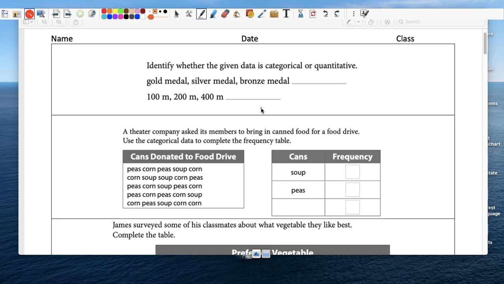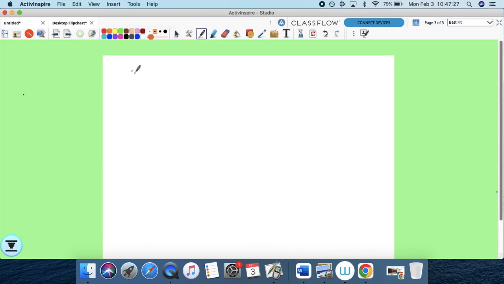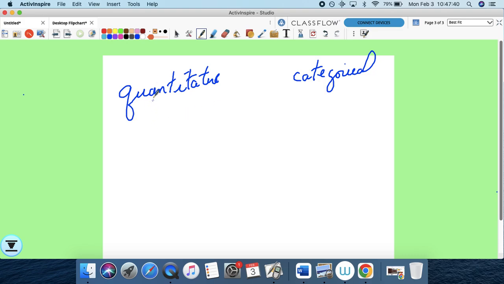Okay, so if you look at the first question here, it says categorical data and quantitative data. Let me give you a little summary. Quantitative, and then categorical.